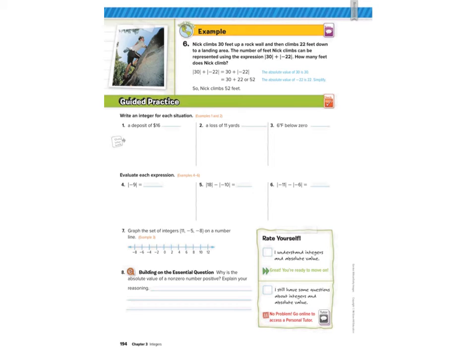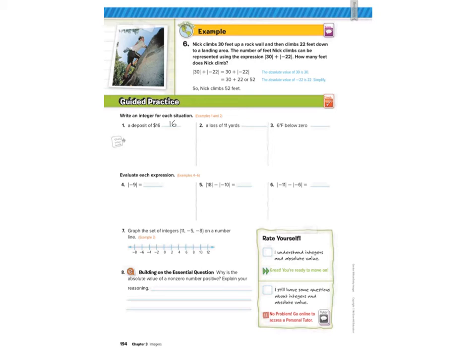Okay, so let's talk about the guided practice that you did. First, it asks us to write an integer for each situation. A deposit of $16 means that you put money in a bank account. Deposits are positive, so that would be positive 16.